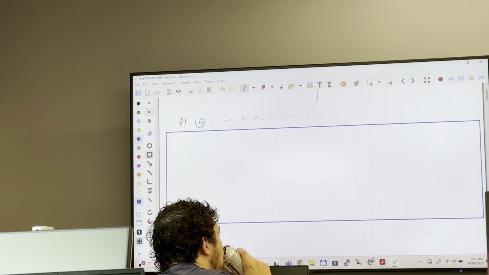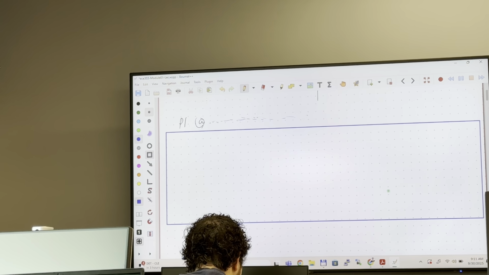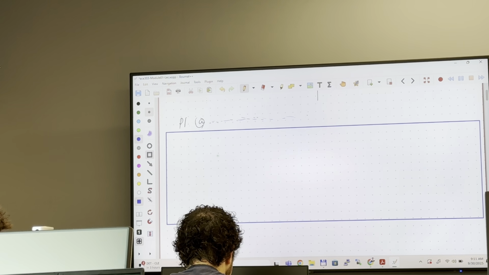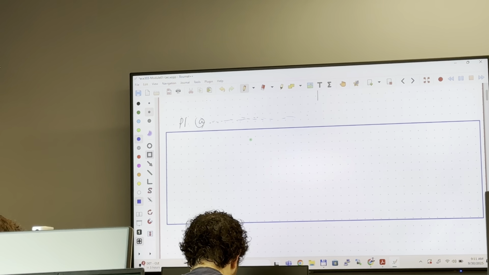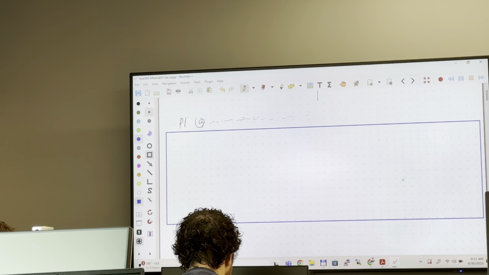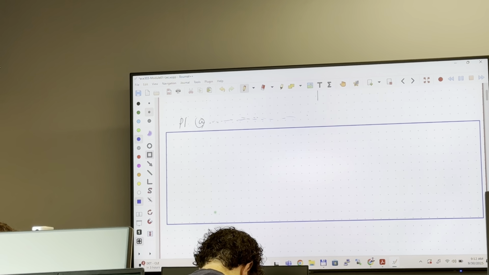Here, because of the space limitation, and I know that if you know the answer, you should be able to fit all your work inside this space. If not, there is a possibility that you will run out of space.